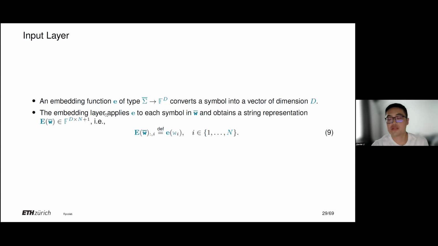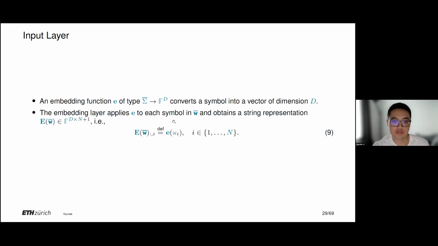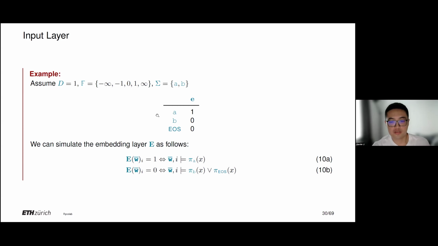Because we ignore position encodings, in the input layer we just apply an embedding function to every symbol in the string. This embedding function just converts a symbol into a vector of dimension d. This can be simulated by PFO2 very easily, just using the atomic formulas.